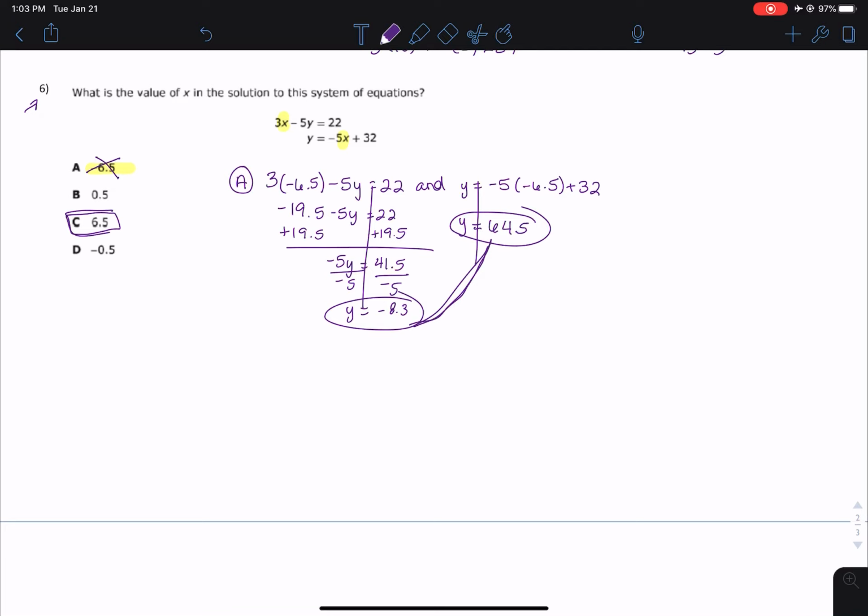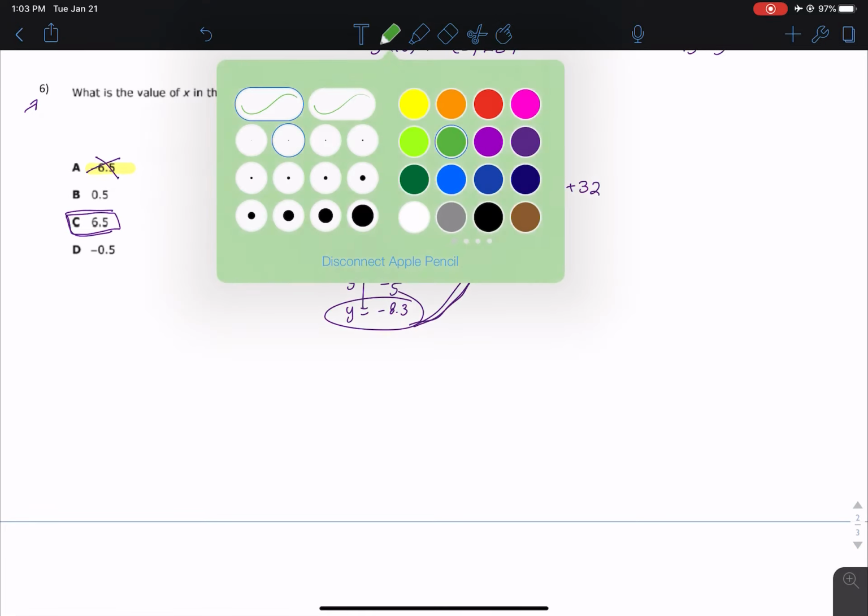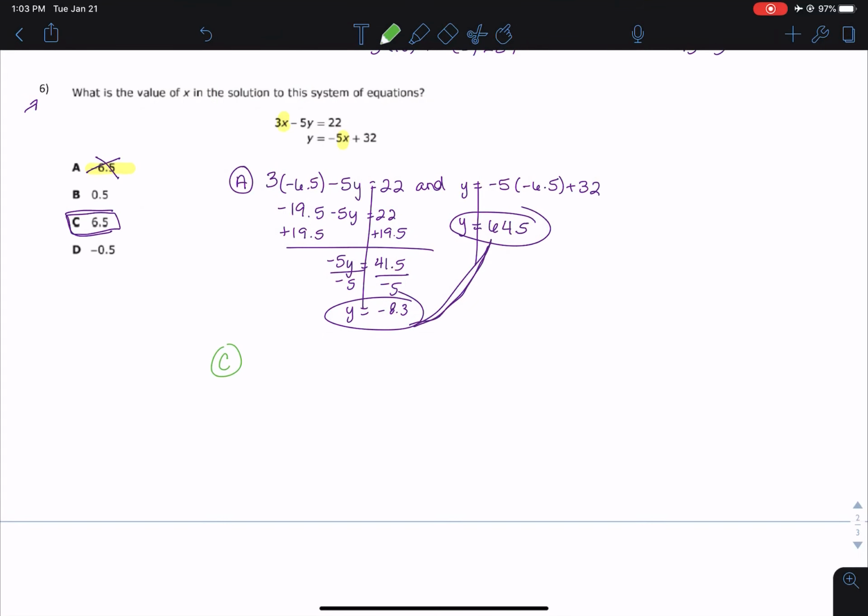So let's go ahead and prove that the answer is C, and then you can do the other ones on your own. So if I test C, I'm going to copy the top equation. Instead of x, I'm going to use 6.5, minus 5 instead of y. I don't know y, so I'm leaving y as y. Equals 22. And I know that y equals negative 5 times 6.5 plus 32.